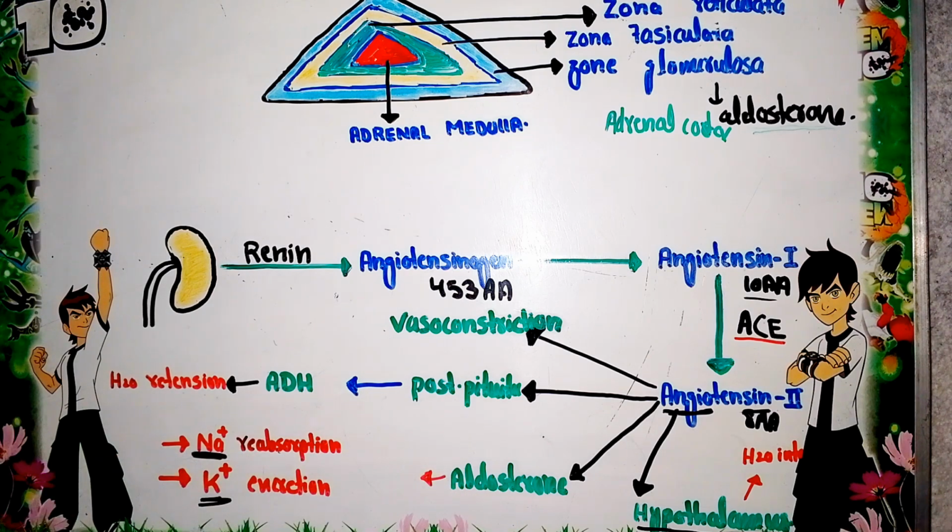When sodium ions are absorbed from the renal tubules, the sodium level rises, and the blood pressure is maintained. Aldosterone is also responsible for the excretion of potassium ions from the body. In this way, the RAAS mechanism regulates our blood pressure.